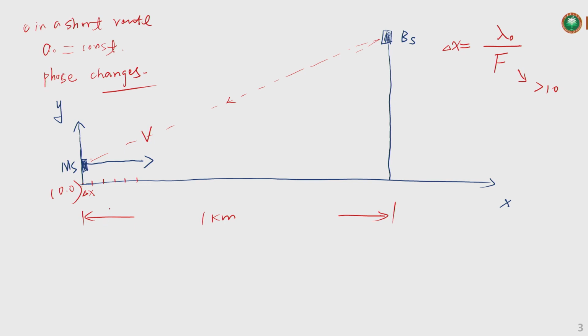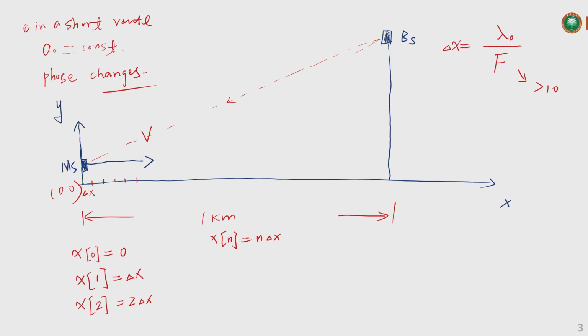The initial point x0 is 0 on the x-axis, and at the next sampling point the distance becomes x1, then 2 times delta x, and xn equals n times delta x.